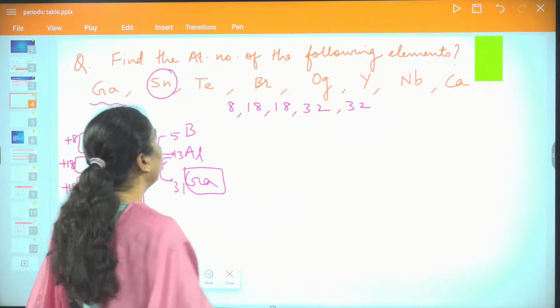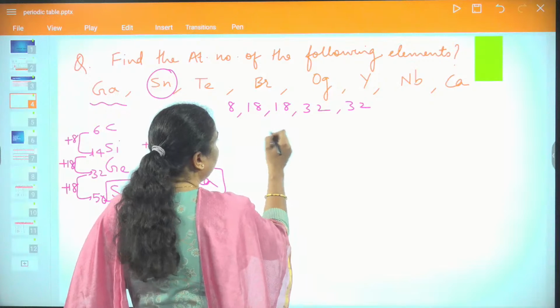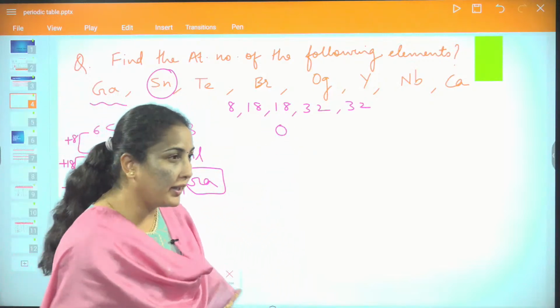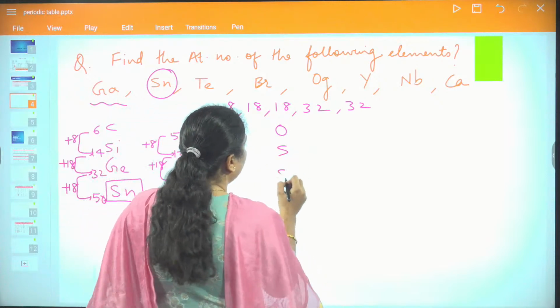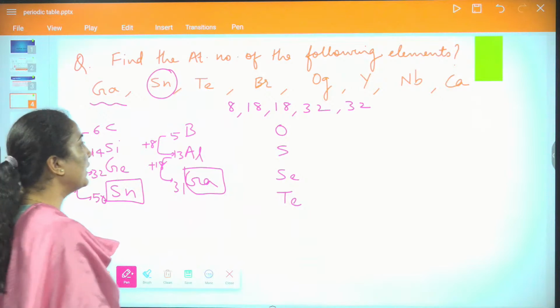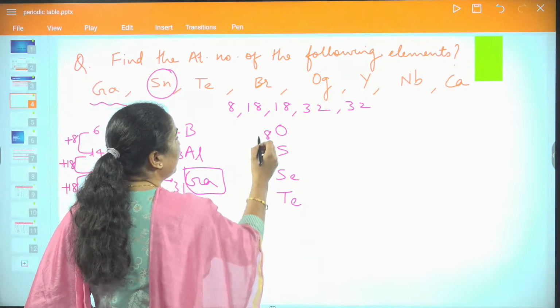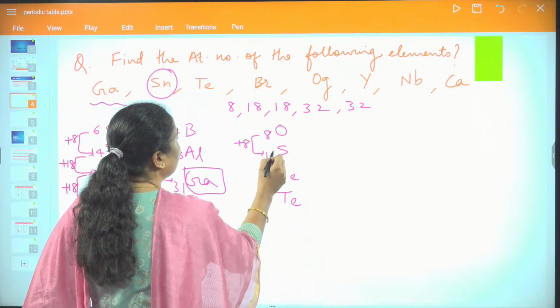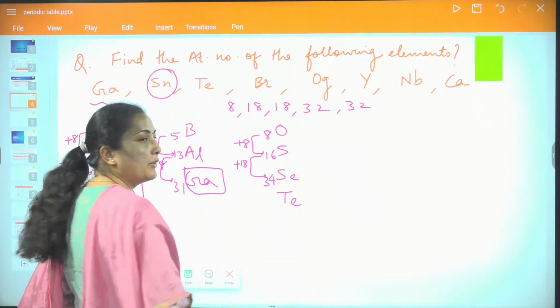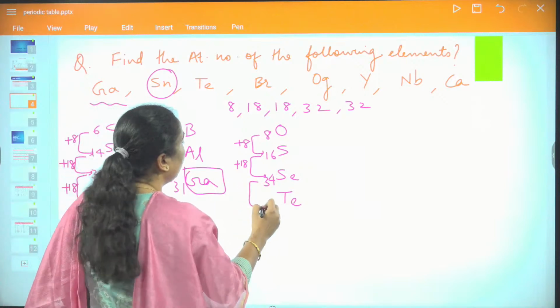Yes, very good. Now, when it comes to tellurium, remember, oh Salman Khan selling teapots, right? So, oxygen, sulfur, selenium, tellurium. Now the thing is, again P block. So it is 8. Add 8 here, 16. Then 18 here. So are you able to get 34 here? Now, plus what I have to do?